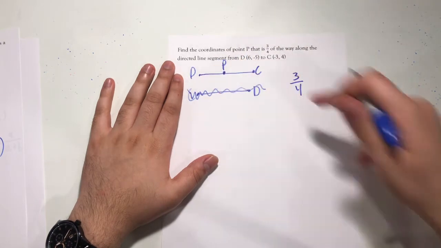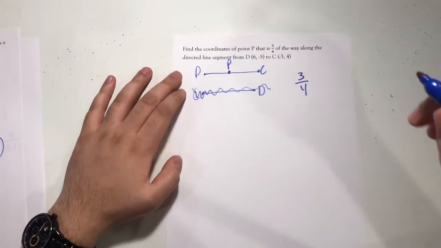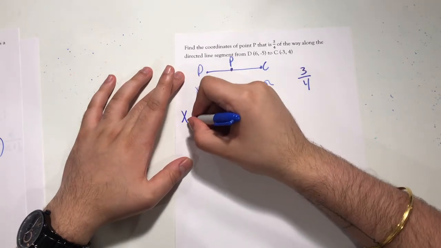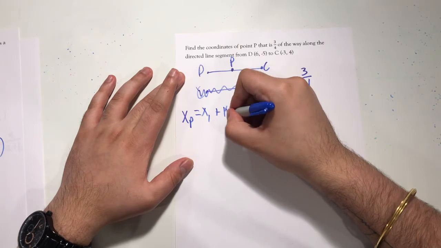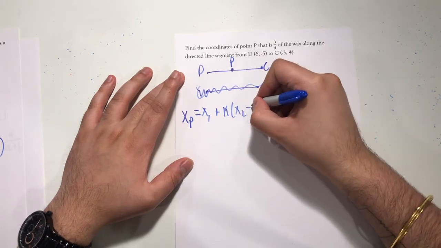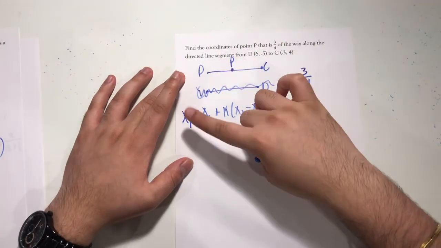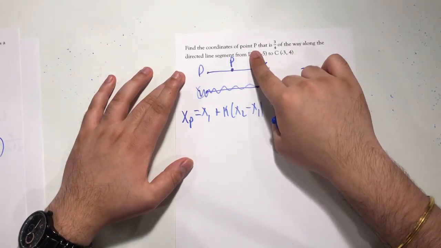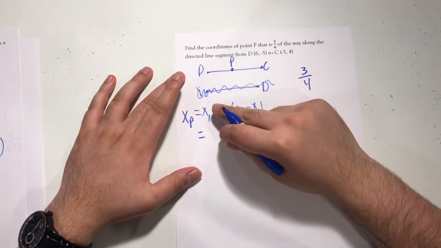Now, I don't even care about the ratio. I already have the fraction. So I go straight to the formula. X of the partition is equal to x1 plus k times x2 minus x1. What is my x of the partition? That's actually what I'm looking for. So that's going to stay as xp.